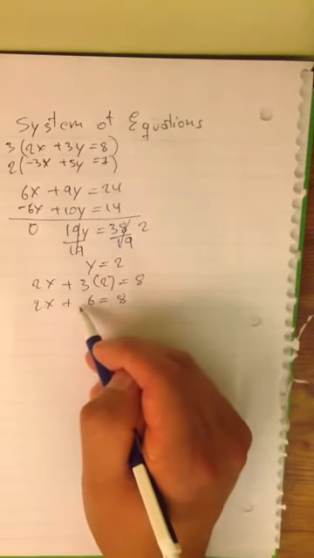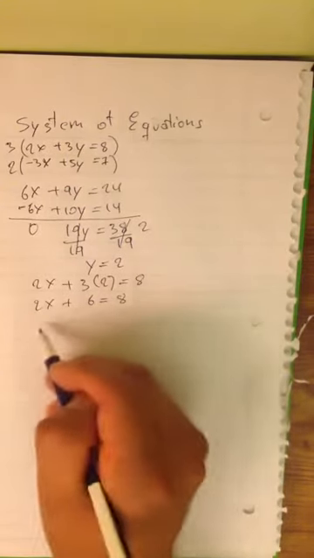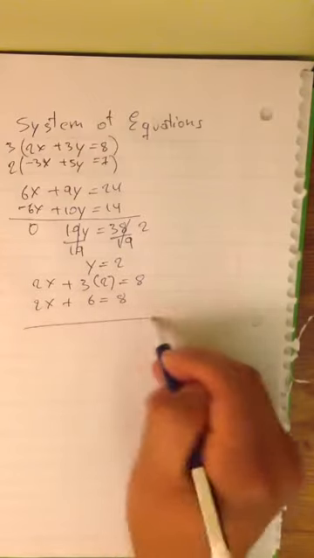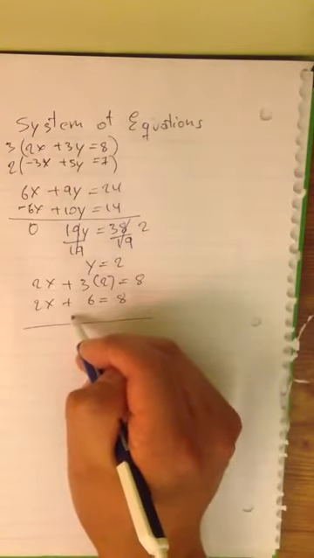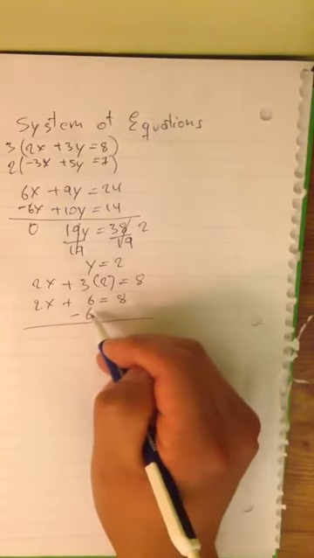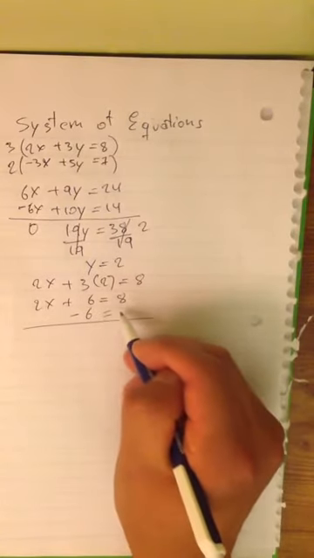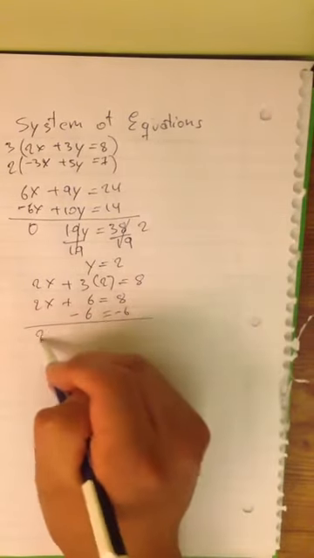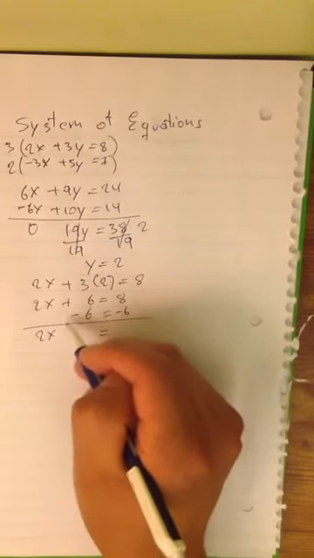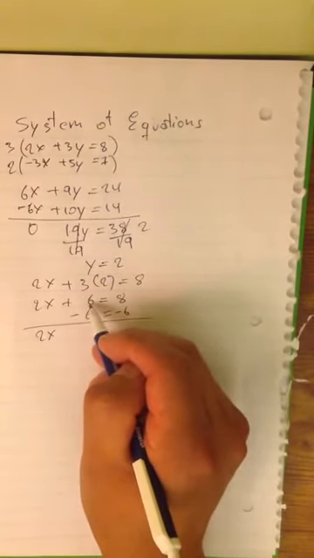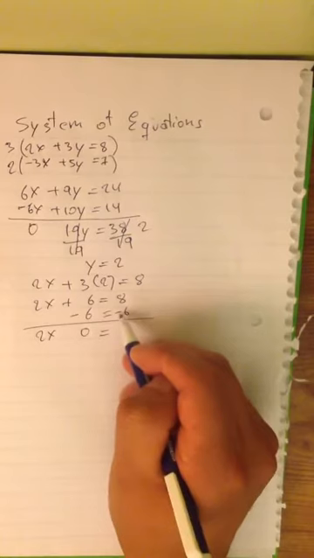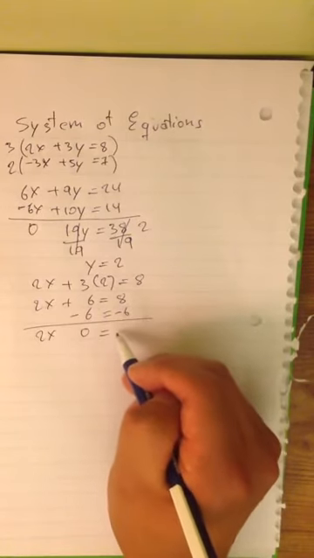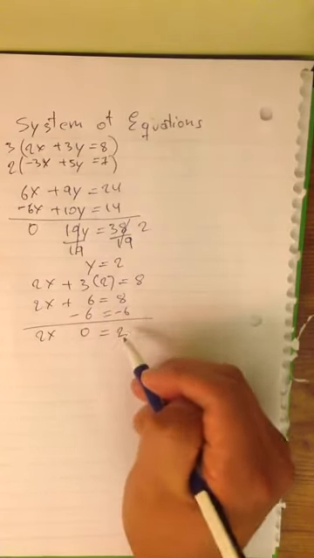So now, if I subtract 6 on one side, I have to subtract 6 on the other side. So I'm left with 2x: 6 minus 6 is just 0, and 8 minus 6 is 2.